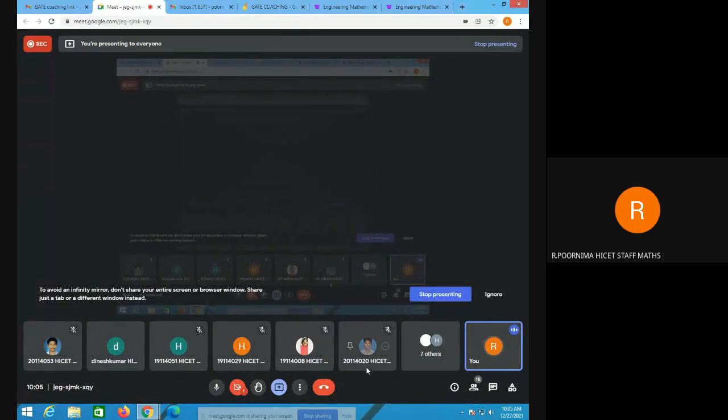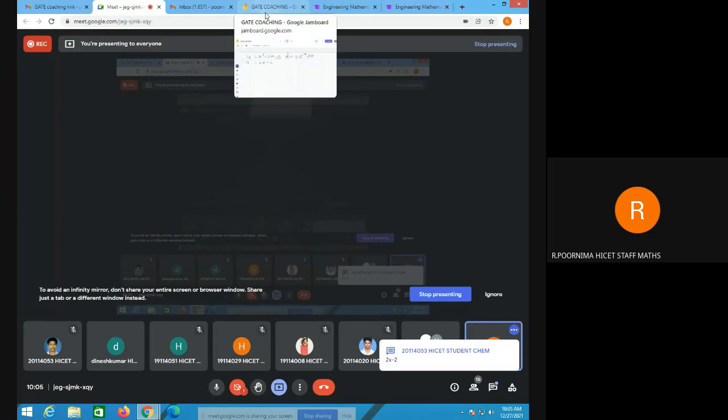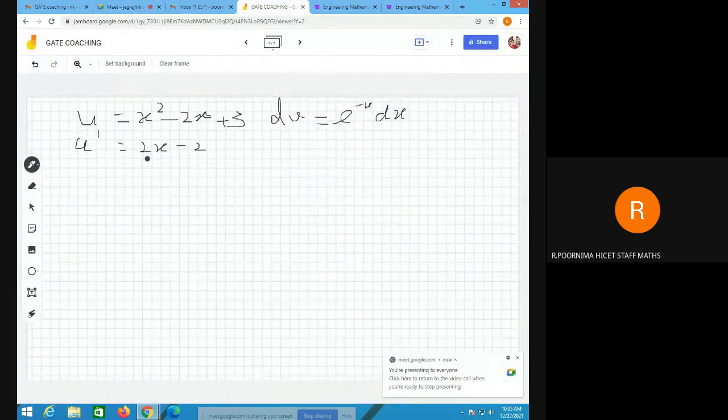Roll number 53, you have given the answer 2x minus 2. Very good. Next, u double dash, the differentiation of 2x minus 2 with respect to x, is 2. Then differentiating again, we get u triple dash, that is 0, because the differentiation of a constant is 0.